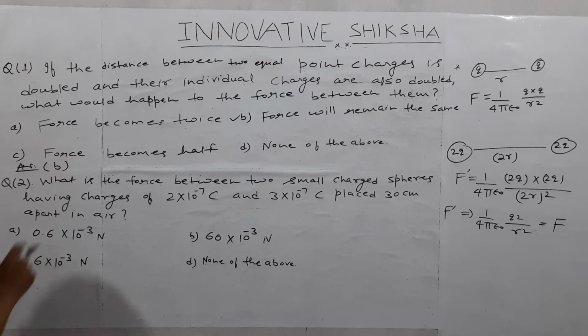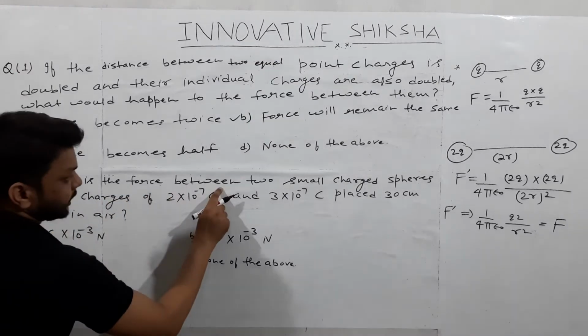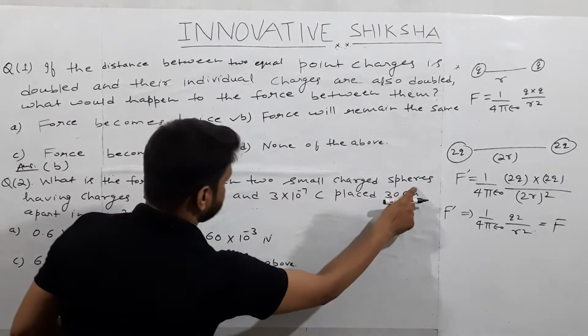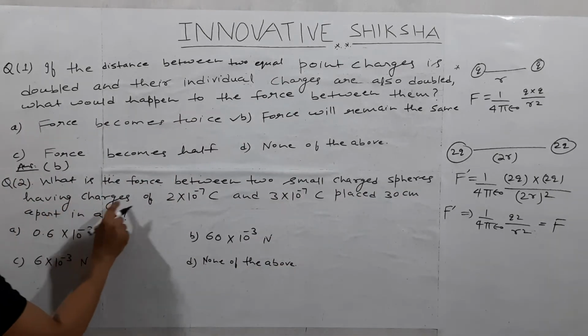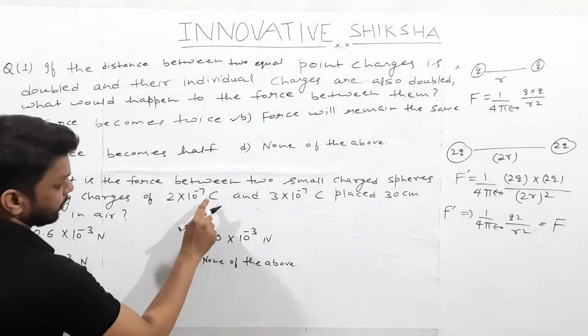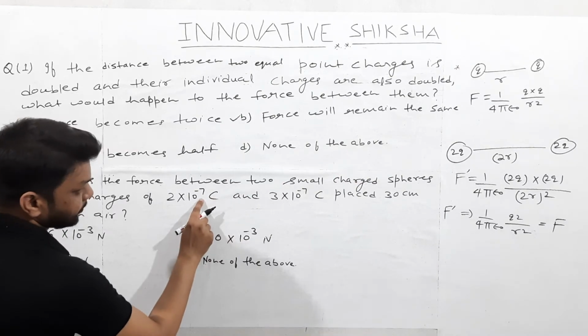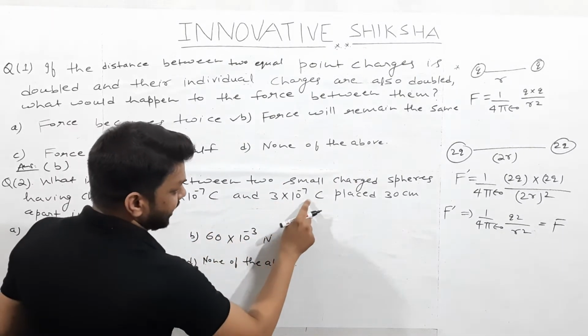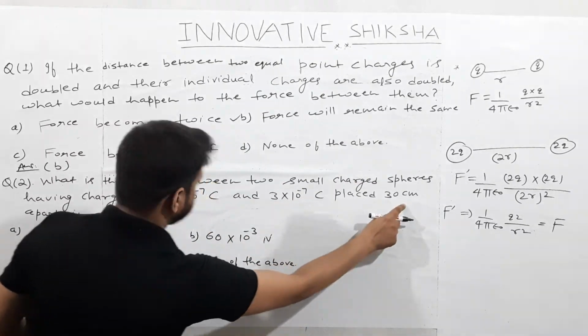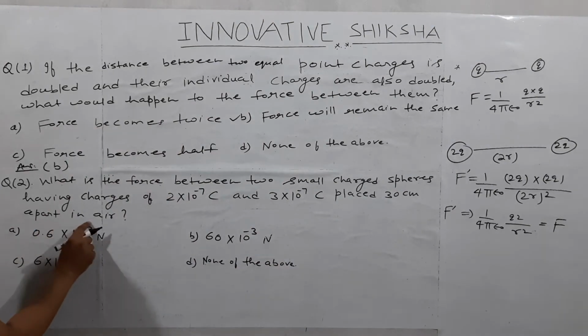The second question says: what is the force between two small charged spheres having charges of 2 into 10 to the power minus 7 coulomb and 3 into 10 to the power minus 7 coulomb, placed 30 centimeter apart in air, right?